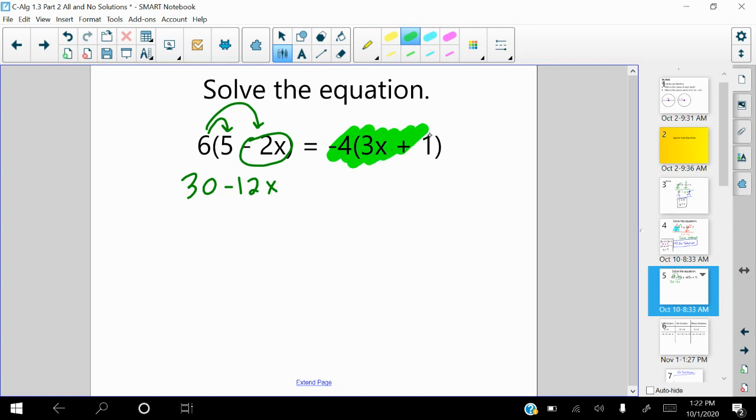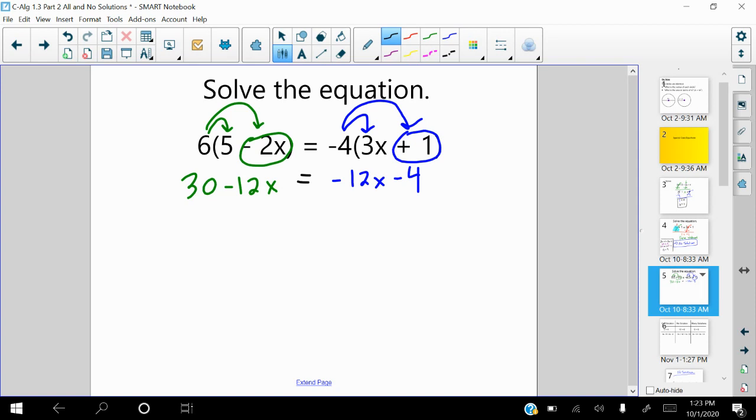Let's look right here: -4 times 3x plus 1. Can I simplify that? Yeah, most definitely. So let's simplify that side of the equal sign. Well, I'm going to distribute that -4. -4 times 3x is -12x. -4 times 1 is -4.